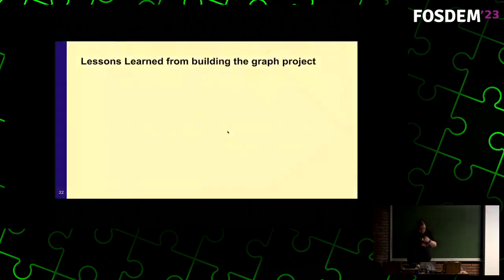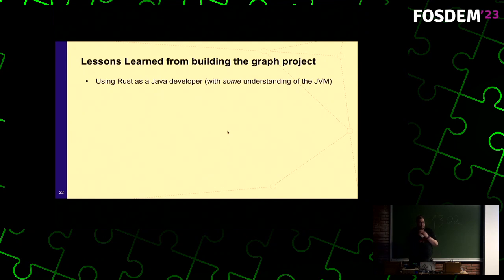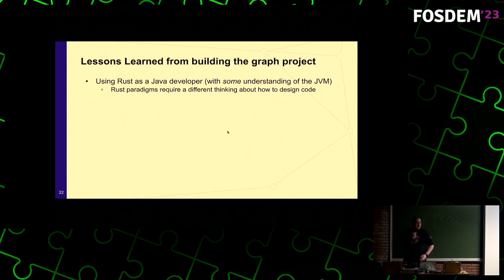Now we can look back a little bit and talk about the lessons learned, particularly for us coming from the JVM world. And so using Rust as a Java developer, first of all, the Rust paradigms require us to think differently about the code and allow us to think differently about the code. Things like using the type system to define whether or not we have a directed or an undirected graph.